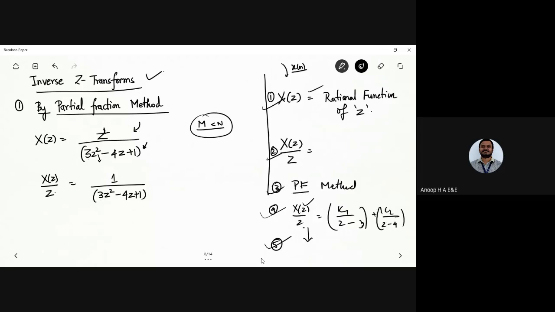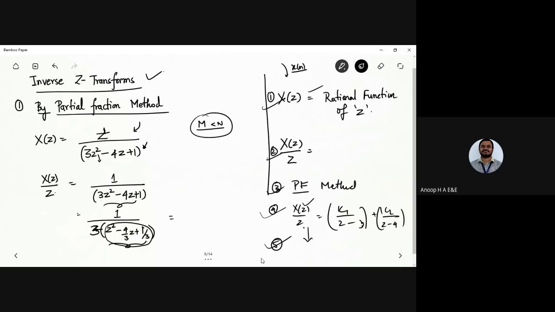What I can do here is take 3 as the common factor, so it would be easy for me to perform. So this is 3 times z squared minus 4 by 3z plus 1 by 3. I need to evaluate this function to find its roots.